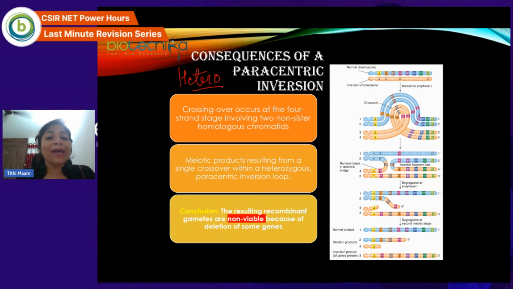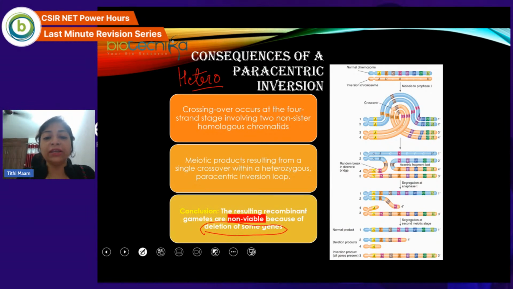If it is a paracentric inversion, it means the inverted segment does not include the centromere. Since it is the revision segment, I'm not going into detail. The only thing you have to remember is that if it is a heterozygous paracentric inverted segment, half of the gametes will be viable, the other half non-viable. Why will it be non-viable? Because of deletion of some genes. Why will the deletion happen?